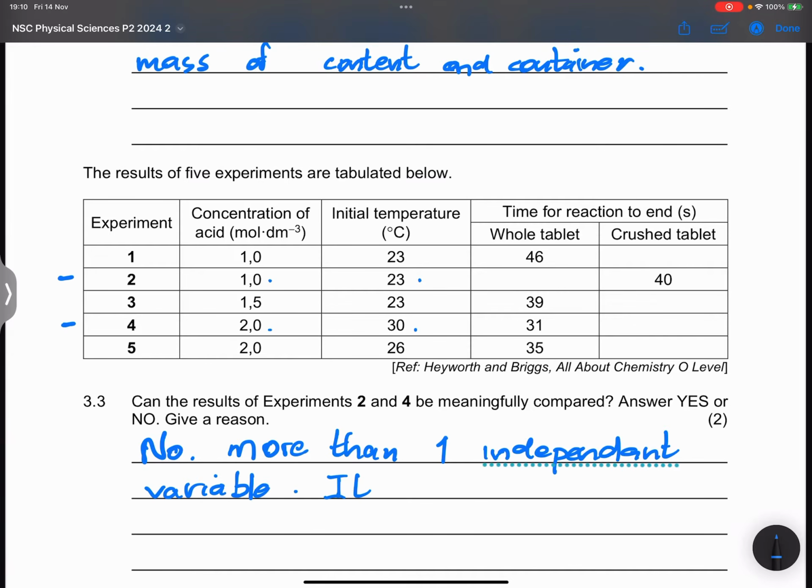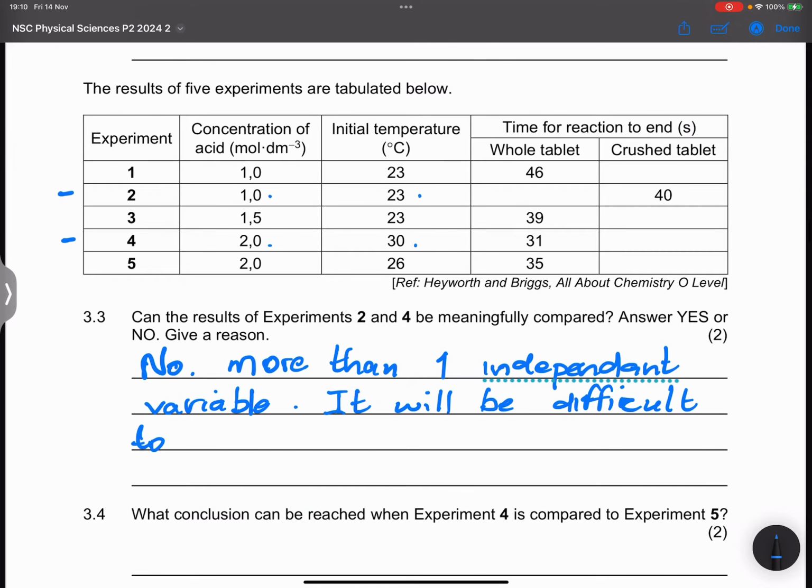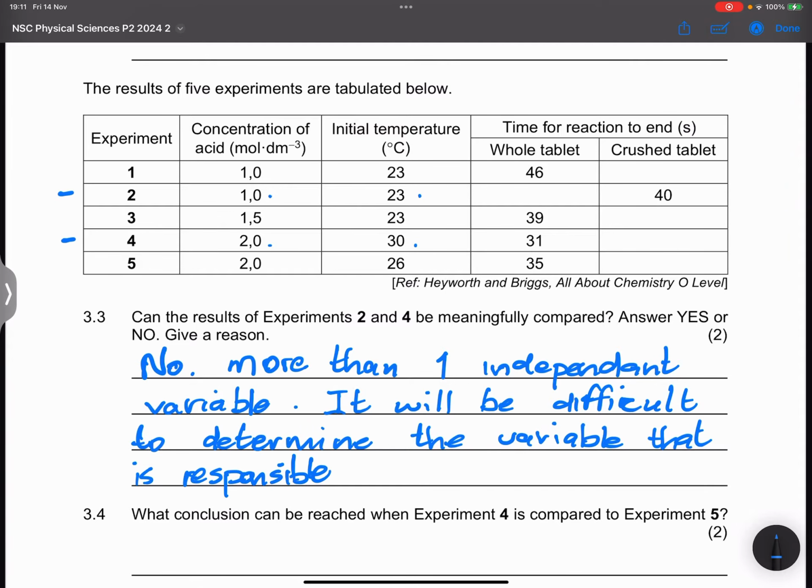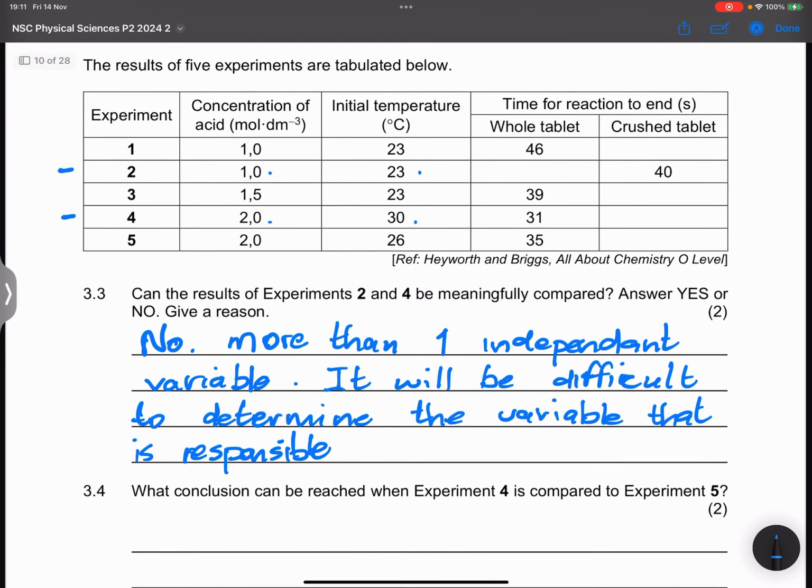Therefore, it will be difficult to determine the variable that is responsible for the increase or decrease in the rate of the reaction, right? For the change rather in the rate of reaction. You can continue writing that down.